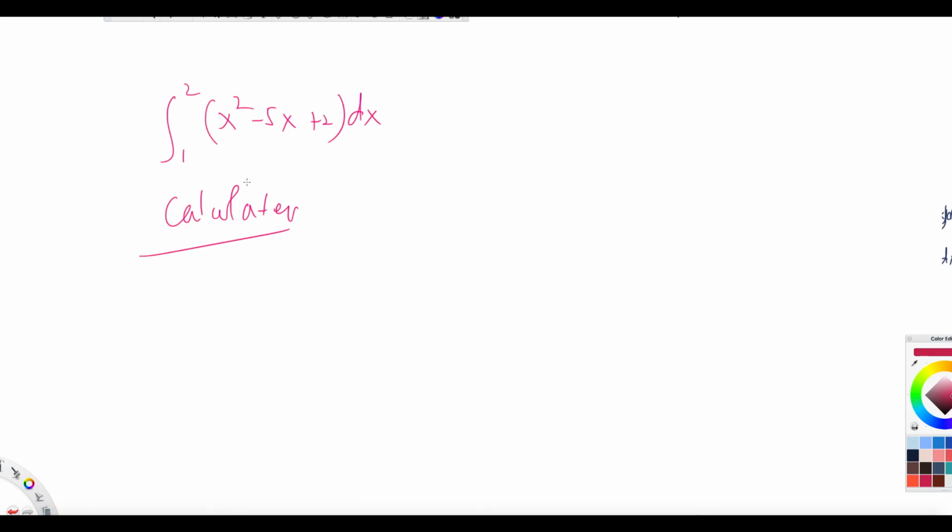Turn on your calculator and go to math. Press math. When you press math, you will see frac, decimal, cube, and cube root, and so on. But if you go to number 9, you will get f integral, and then go to fn and then integral. Press this. If you press this, you will get integral, and then you will get a box here, a box here, and then you will see dx.